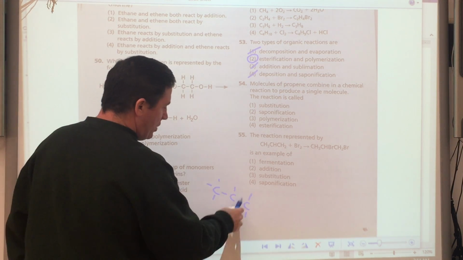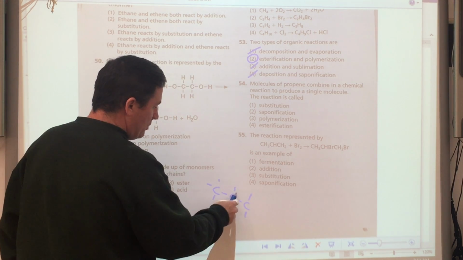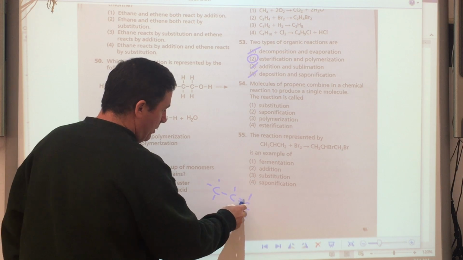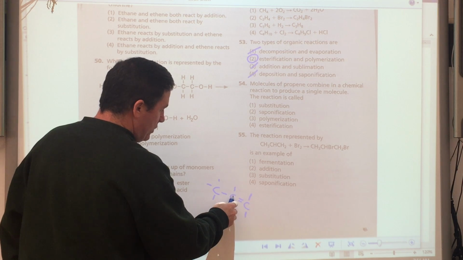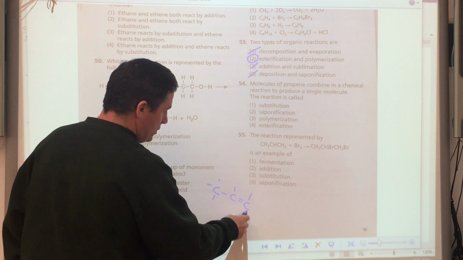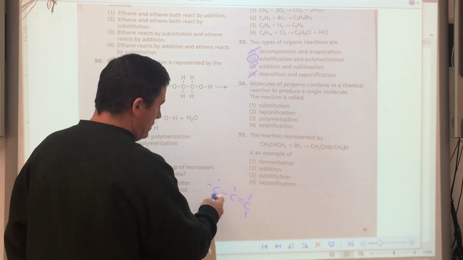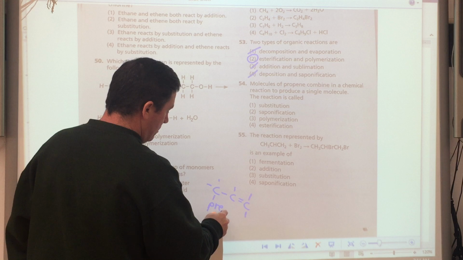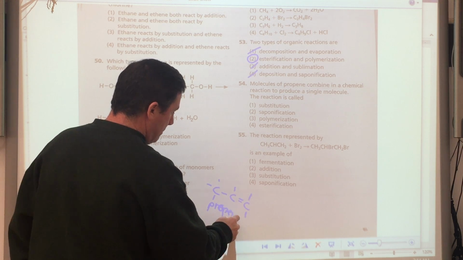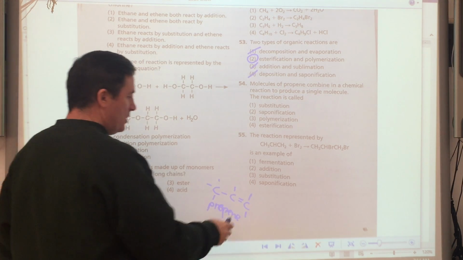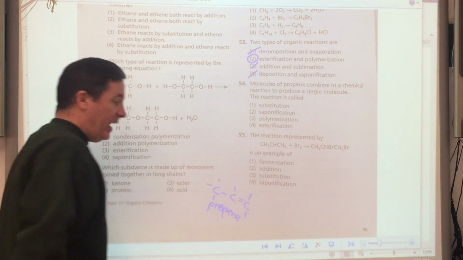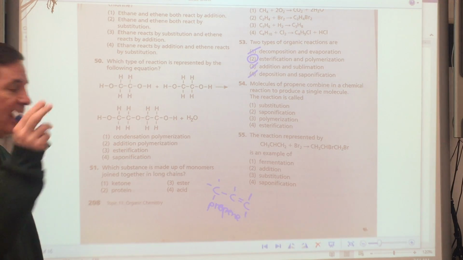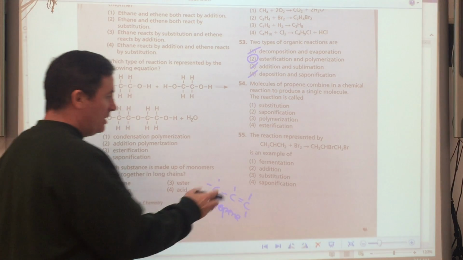So, since each carbon has to have 4 bonds around it, there has to be a double bond right there. So now this one has 1, 2, 3, 4, and this one has 1, 2, 3, 4. Okay, so this is propene. Since I have a double bond there, I can add to it. So this is an addition.